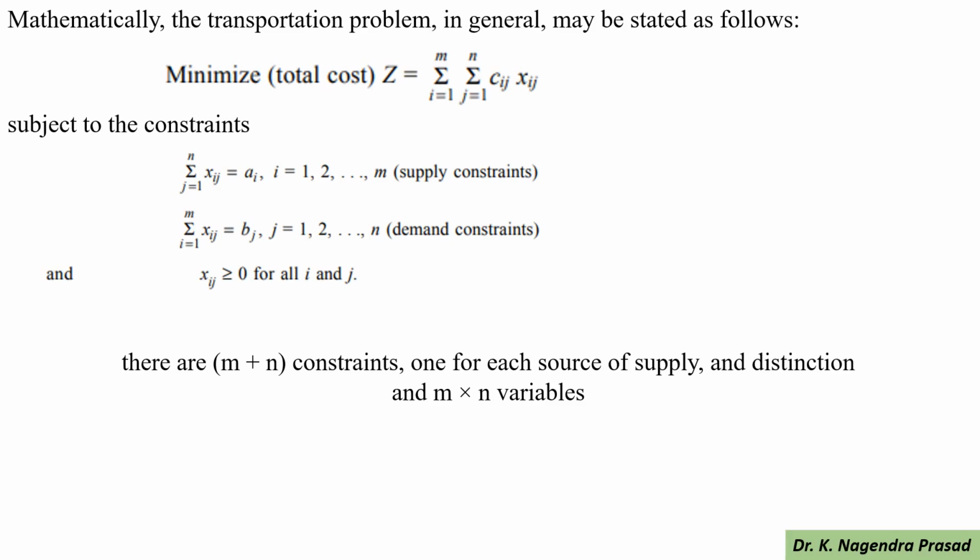Here i equals 1, 2, 3 up to m number of supply centers and j equals 1, 2, 3 up to n number of demand centers. Then there are m plus n constraints, one for each source of supply and destination, and the variables are the m into n variables.